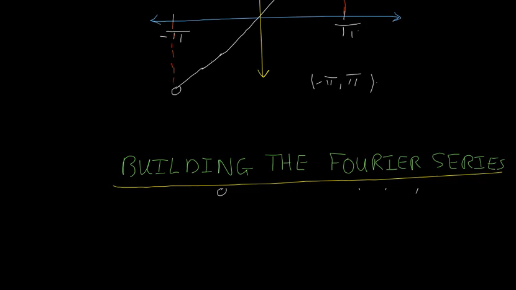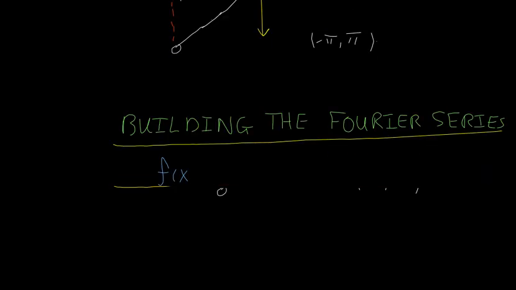Okay, so just a reminder, since we're using a Fourier sine, f of x is going to be equivalent to the sum from n equals 1 to infinity of my coefficient b sub n times sine of n times x.